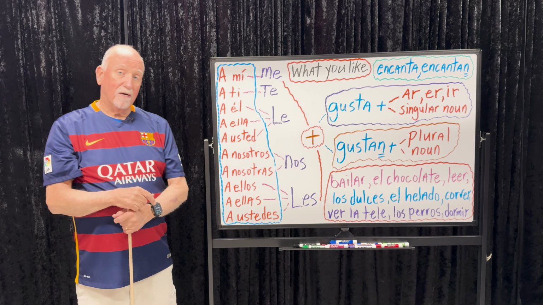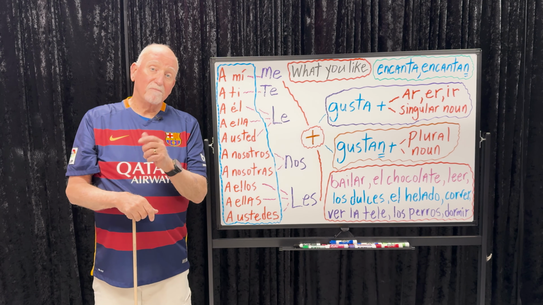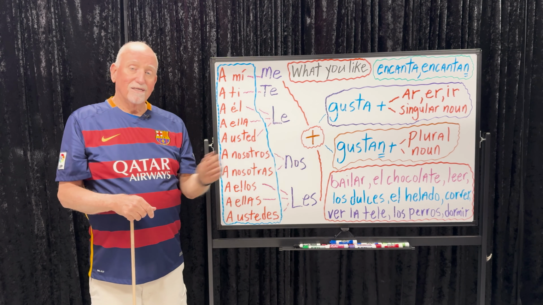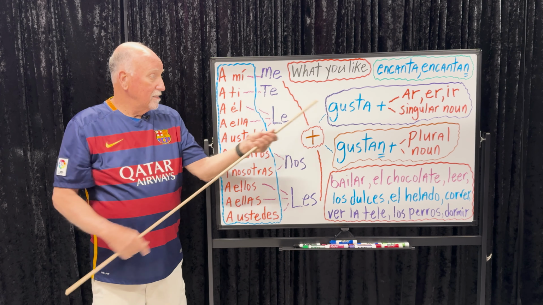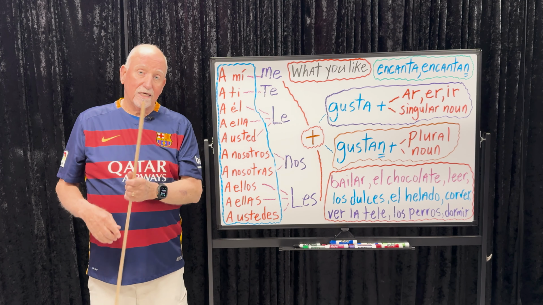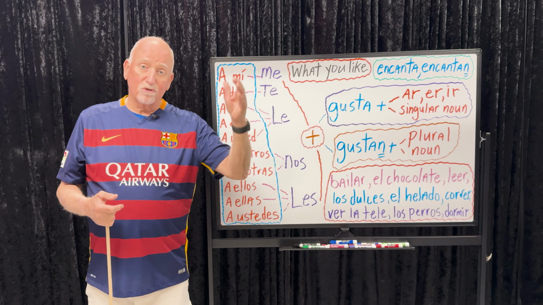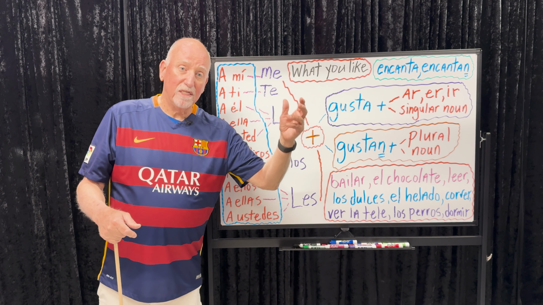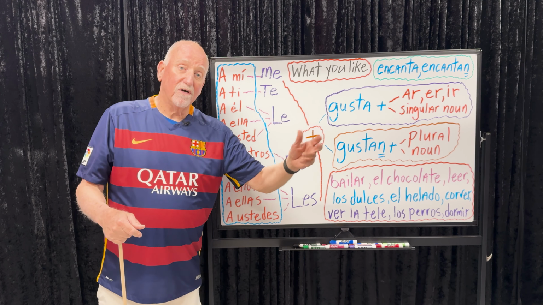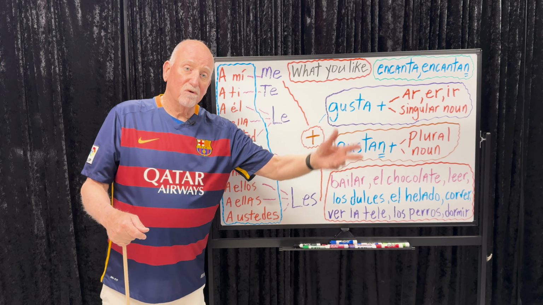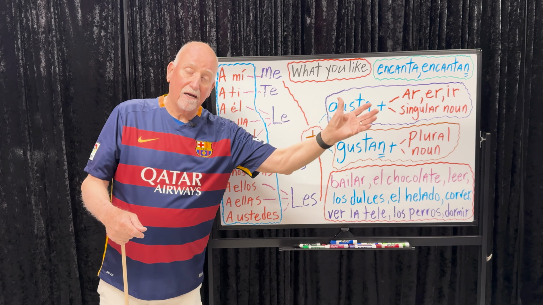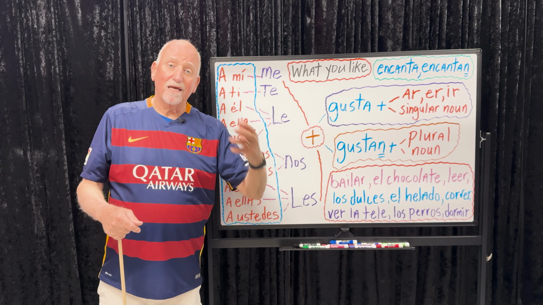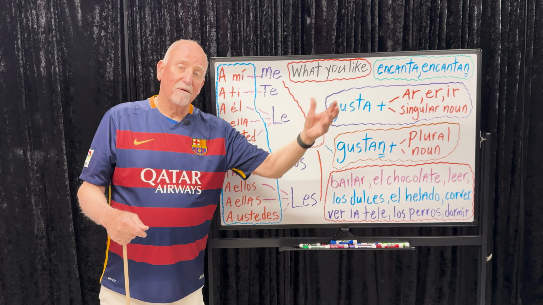So how do you say my mom likes to go to church? A mi mamá le. A mi mamá le gusta ir a la iglesia los domingos con sus amigos, on Sundays with her friends, porque es un tiempo muy divertido, because it's a very fun time, porque les gusta escuchar al Padre hablar de la Biblia, because they like to hear the Father speak about the Bible.